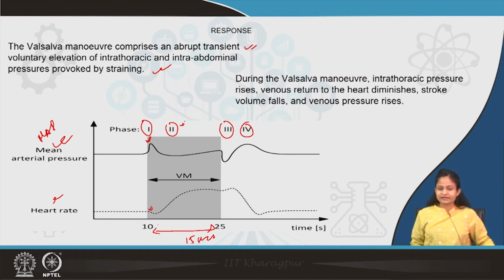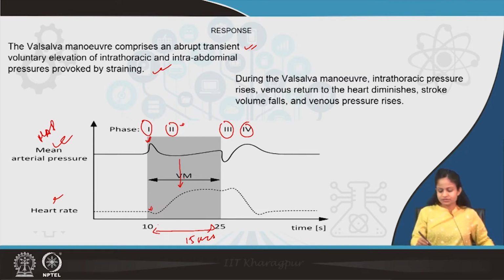Now, in phase 2 we can see there is a fall in the blood pressure, and this fall is correlated with the increase in the heart rate seen in phase 2. This fall in the blood pressure is mainly because of the increased intrathoracic pressure and the increased intra-abdominal pressure during the Valsalva manoeuvre. This increased intrathoracic pressure has led to decreased venous return.